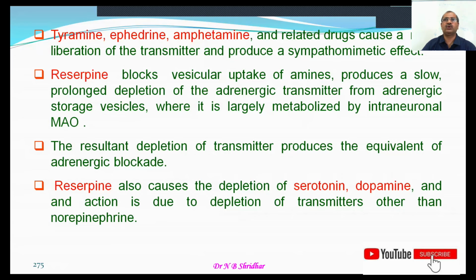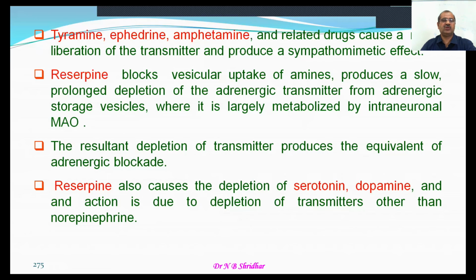This reserpine is going to block the uptake of the amines, especially norepinephrine, epinephrine, dopamine, etc. That means if the storage vesicles cannot be stored with the neurotransmitter, they will be acted on by monoamine oxidase, which is present in the presynaptic cytoplasm, and broken down. That's why they become substrates for monoamine oxidase, and ultimately the action is terminated. The resultant depletion of the neurotransmitter produces the equivalent of adrenergic blockade.